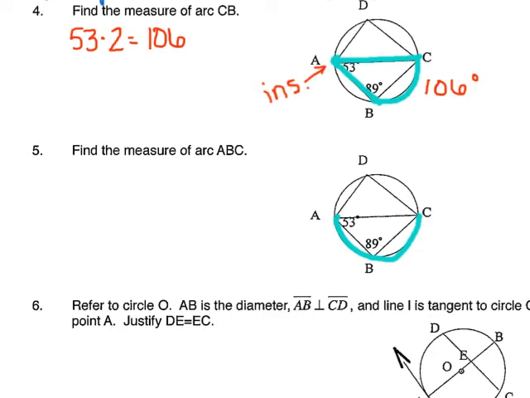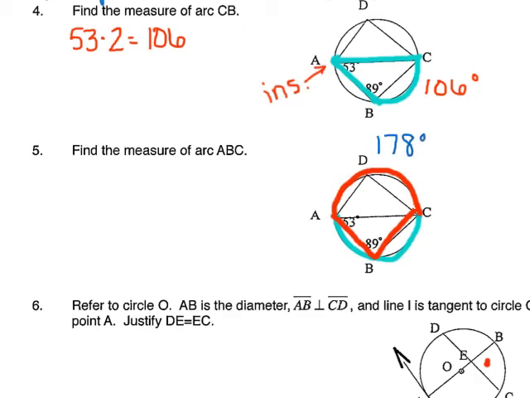So here's the approach I'm going to take with this one. I'm going to start by looking at this arc up here, ADC. And that is intercepted by this 89-degree angle, which means, again, that 89 degrees is an inscribed angle. So that would mean that this measurement up here is double 89, which is 178.